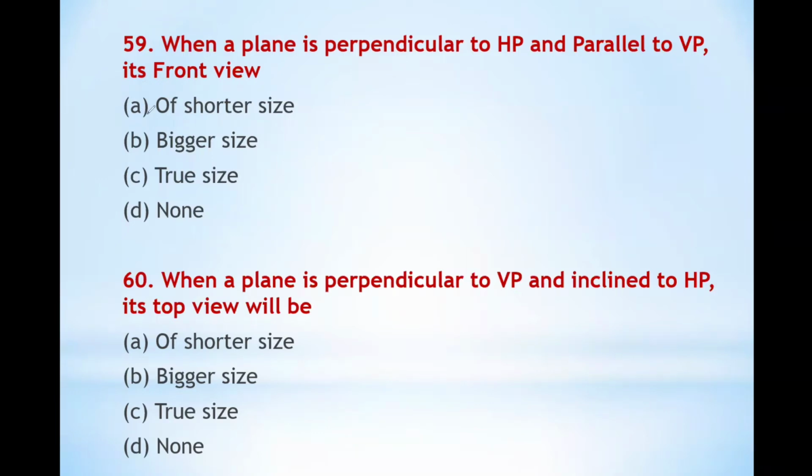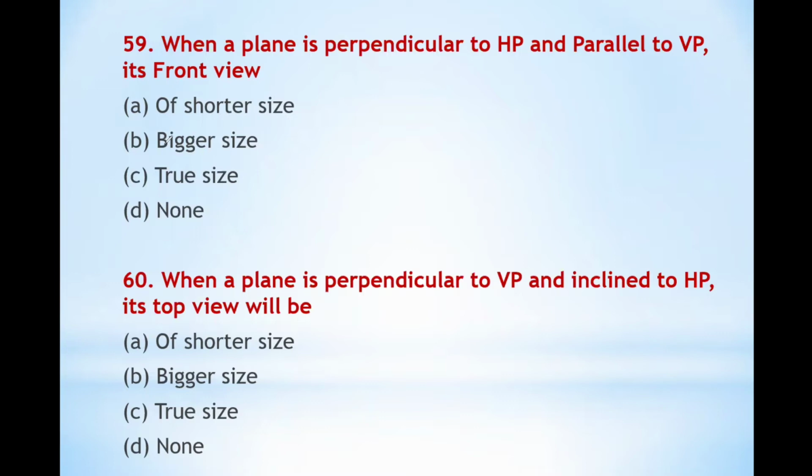When a plane is perpendicular to HP and parallel to VP, how will its front view be? Options are: shorter size, bigger size, true size, and none of these. So we'll see the answer.